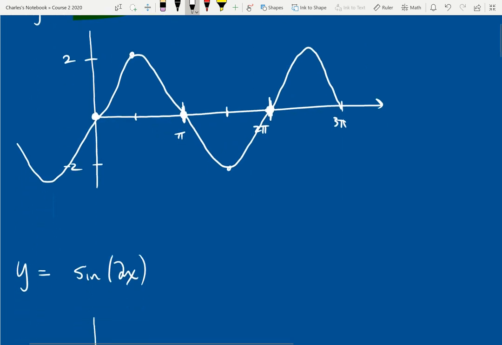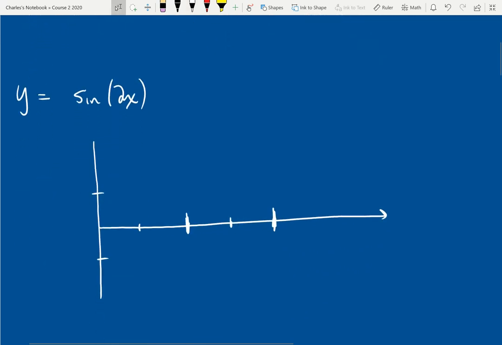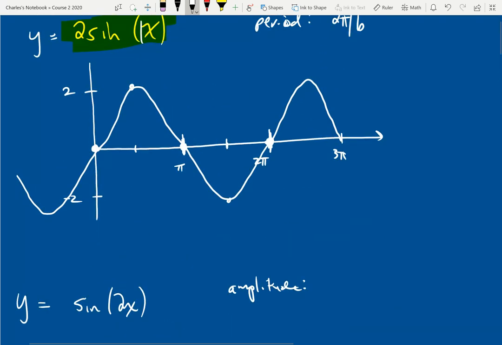Let's try another one. I want to graph y equals sine of 2x. Notice that the coefficient is inside of the function. The height, which is the amplitude, is the distance from the middle of the wave to the top of the wave.